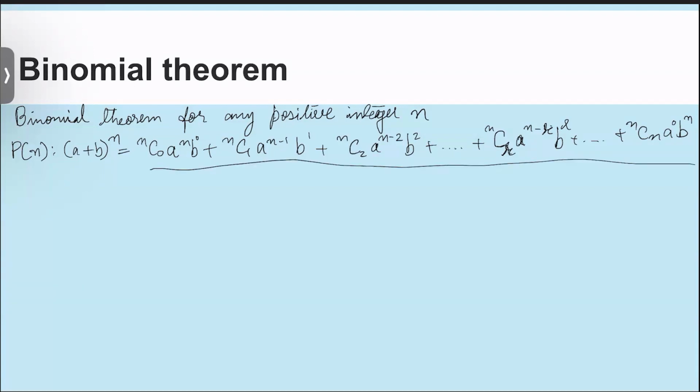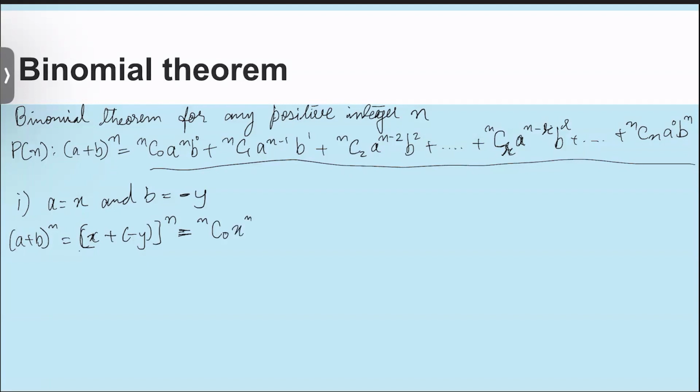Now let's take a few special cases. Suppose a is equal to x and b is equal to minus y. When you write (a plus b) the whole raised to n, it can be written as (x plus minus y) raised to n.